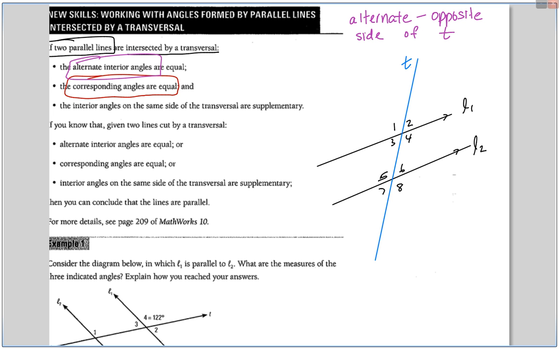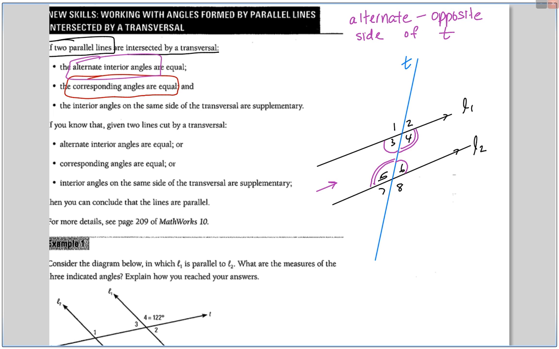All the interior angles are in here, so that's 3, 4, 5, and 6. The ones that are alternate interior are 3 and 6, and 4 and 5. So we would say that 3 is equal to 6 and 5 is equal to 4.